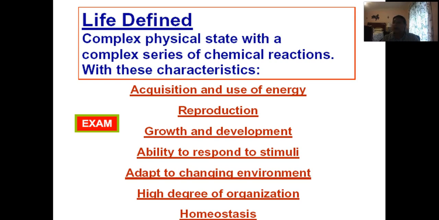And finally, a living thing must be able to maintain homeostasis, which essentially means that they must be able to maintain their environment over time, over their life cycle, in order to survive in that space. So that would be the main properties that you should know for a living thing to be considered living.